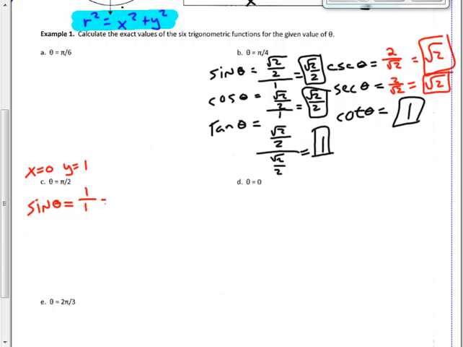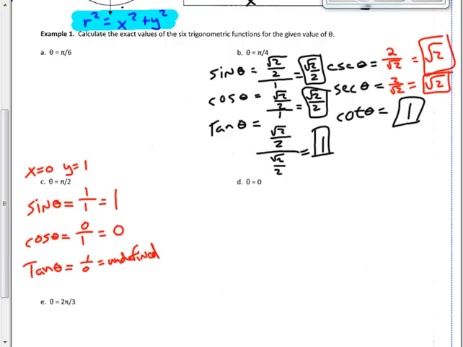So that's 1 over 1, which is 1. Cosine is equal to x over r. X is 0, y is 1, so I get 0. And tangent is y over x, so that's 1 over 0, which is undefined. Do not write 0. Tangent of theta at pi over 2 at 90 degrees is undefined.